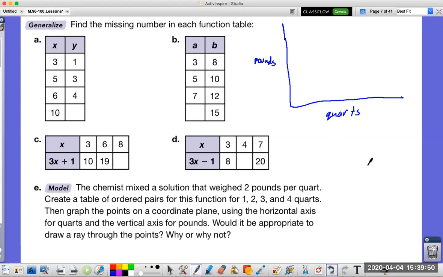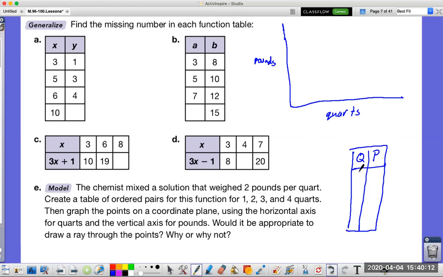If I'm going to do a function table, the function table is simply what you see here. So I'm going to have, in this case, a Q and a P, and those are the two variables that I'm working with.